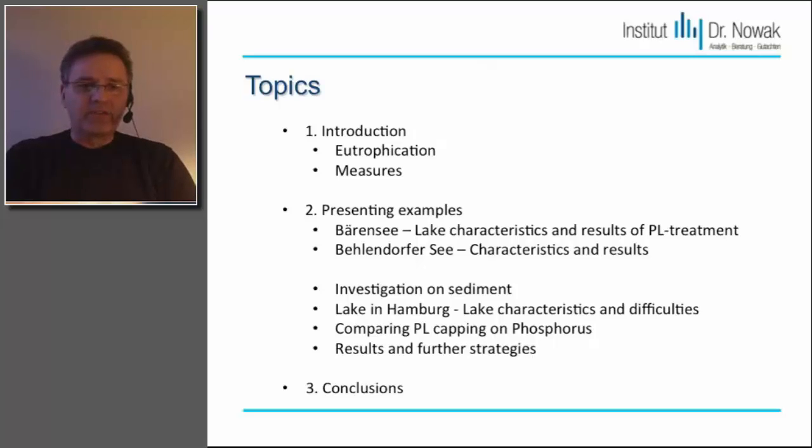I compare the Phoslock capping with the phosphorus that is available, and I show the results from this project and show some further strategies, and at last I give some conclusions.